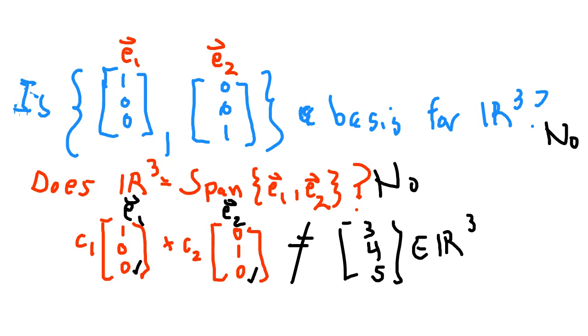So you see there are vectors in three-dimensional space that the span of the E1 and E2 vectors doesn't reach. Any span of those two vectors would only reach points in basically the XY plane. It's not going to reach points above or below the XY plane.